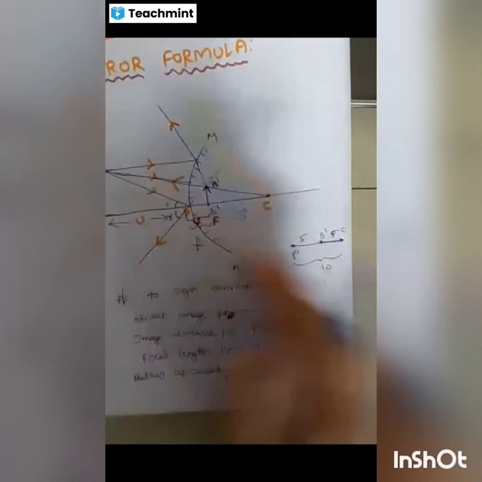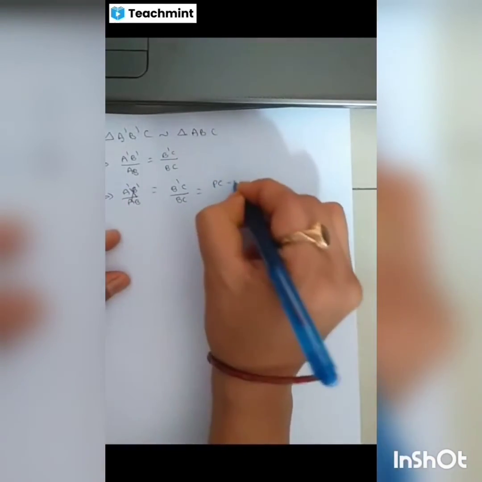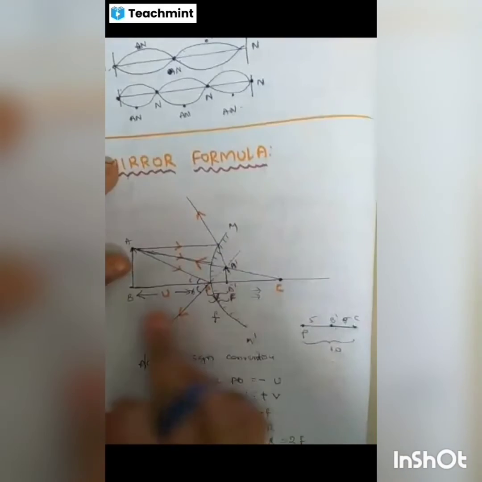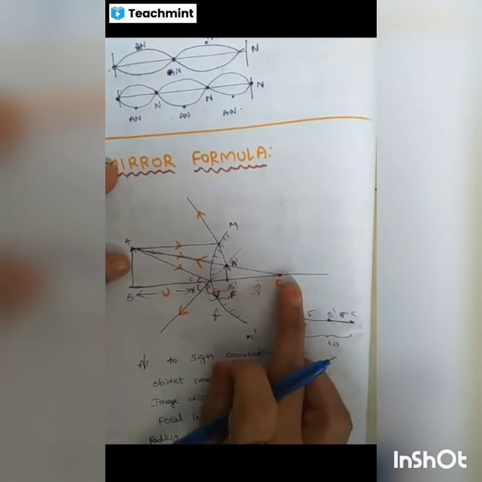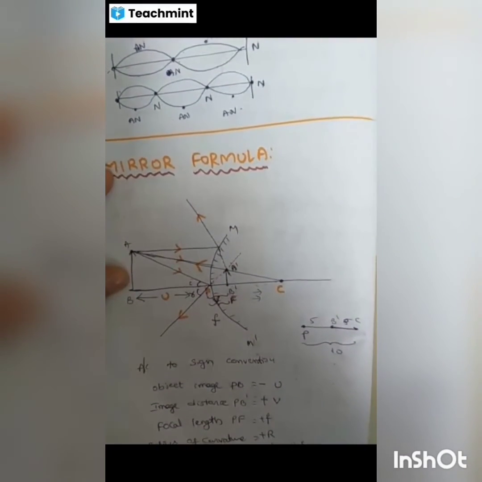So that I am writing here, PC minus PB dash by BC. We don't know BC also.